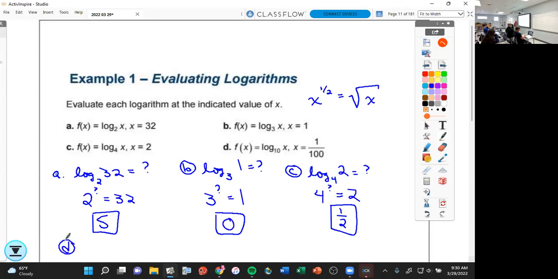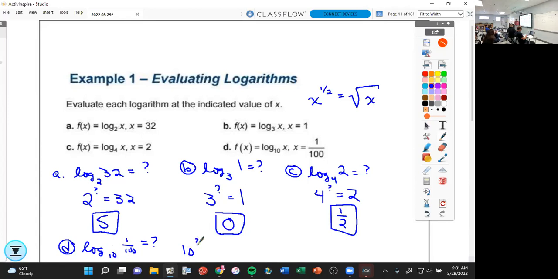D. We have log base 10 of 1/100. What's the base? 10. What are we looking for?